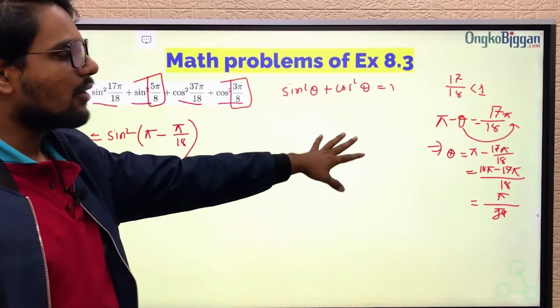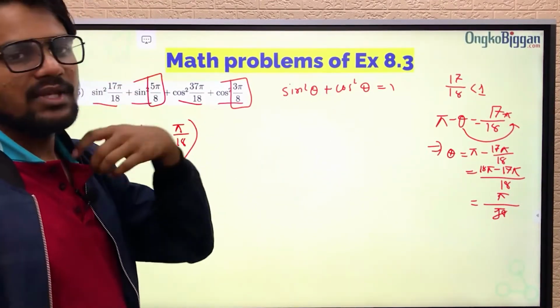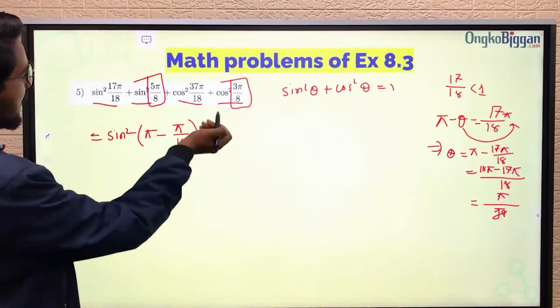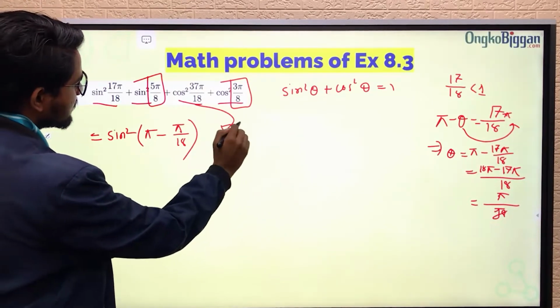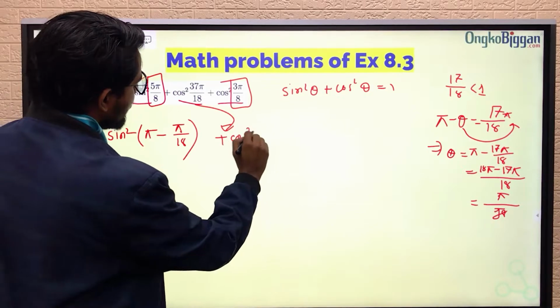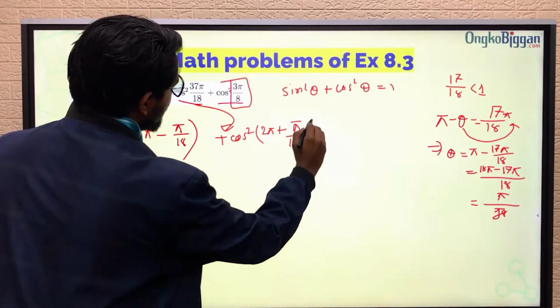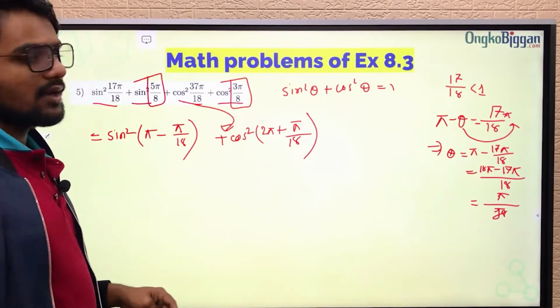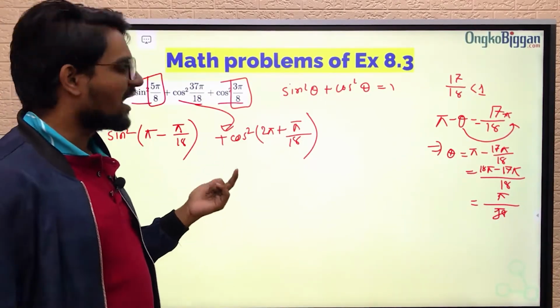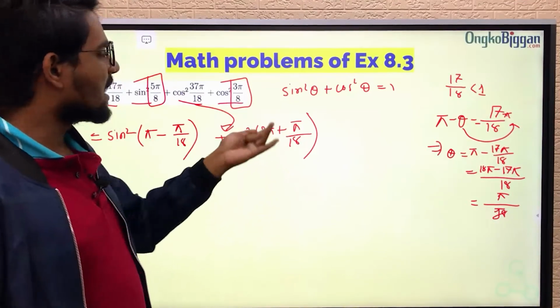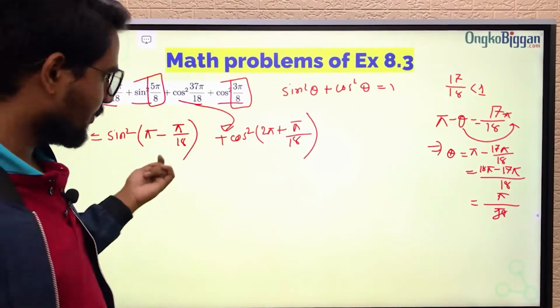But in the case of π or 2π, finding the values will be much easier. For example, I can easily write the value of this as cos² (2π plus π/18). I've already written it, so I'm going to keep it, but I'm going to explain how I got this value.